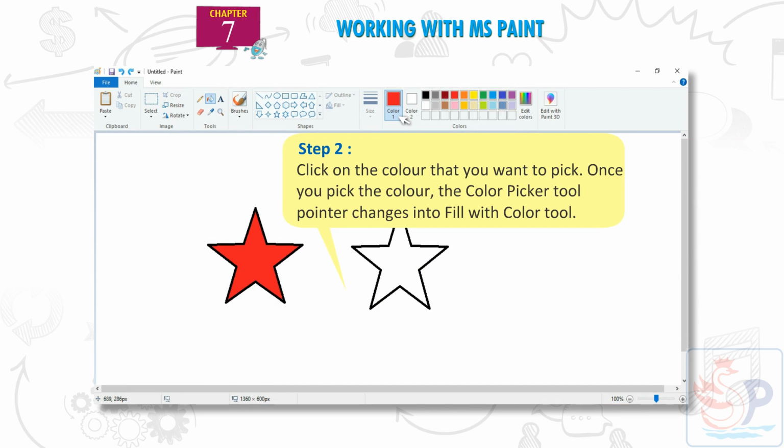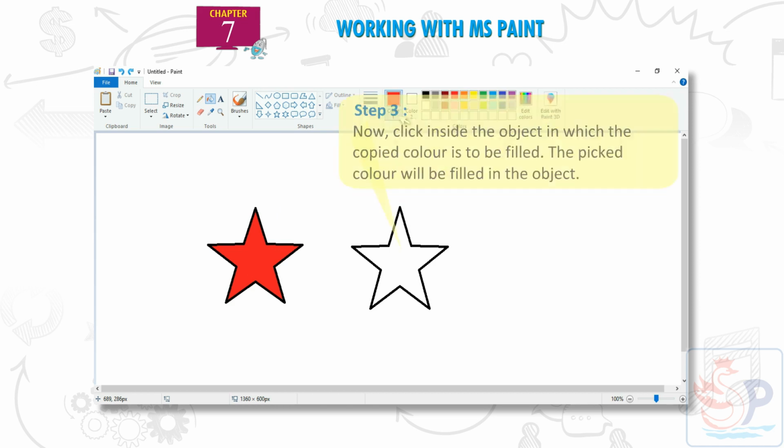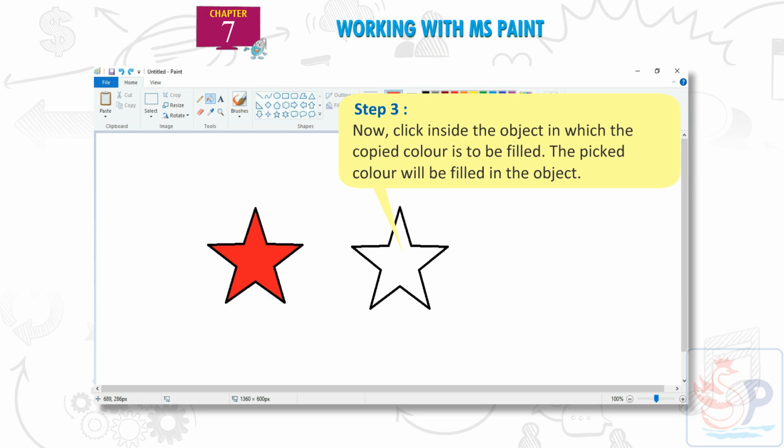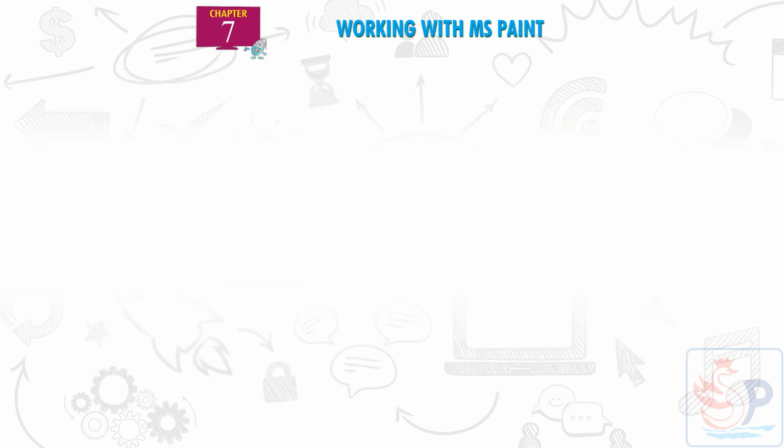Once you pick the color, the pointer changes into the Fill with color tool. Step 3. Now click inside the object in which the copied color is to be filled. The picked color will be filled in the object.